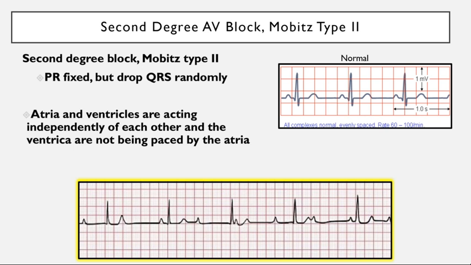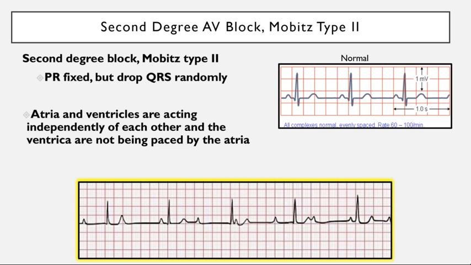And then with type 2, you get the PRs fixed, but then you just randomly drop a QRS complex. With this, you can see this is a P wave.